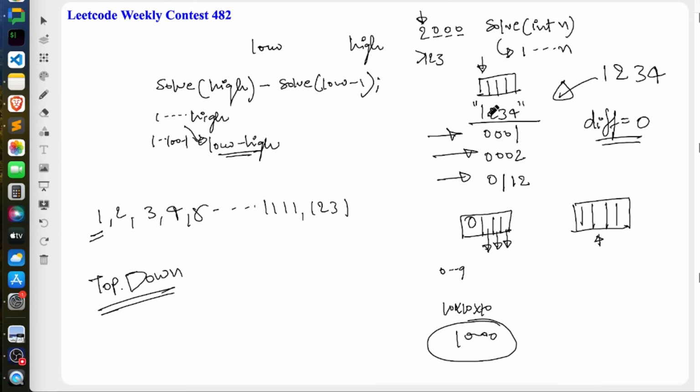Here you have 2, so you can only keep 0, 1 and 2 at this place. That's because if you kept 3 here, then your number would be 13 and for the next two places, let's say your minimum is 00. 1300 is more than 1234, so that won't be possible. So we cannot keep 3 here. We can only keep 0, 1 and 2.